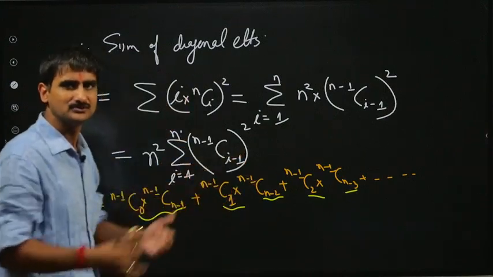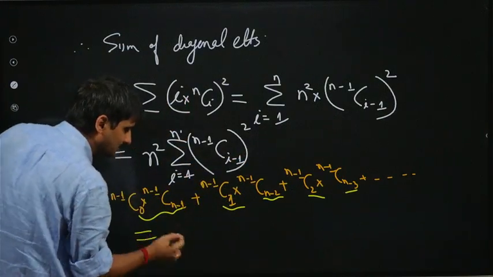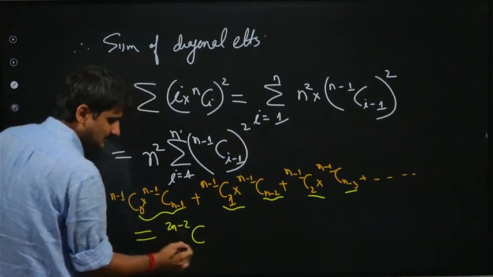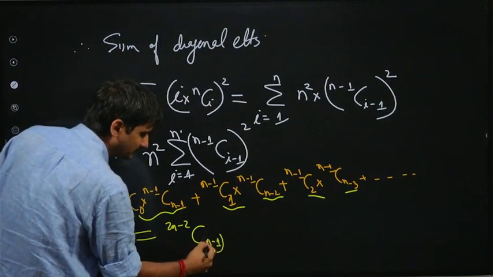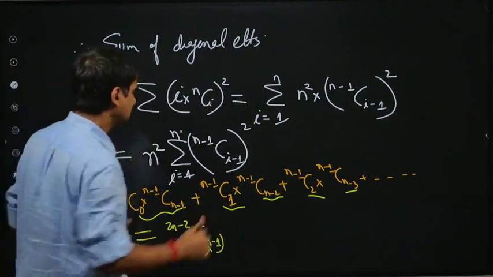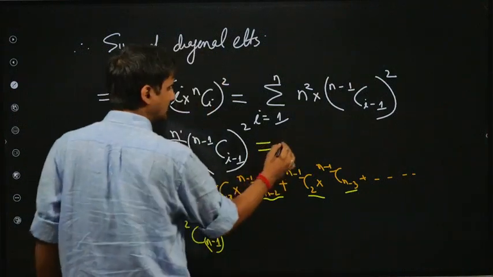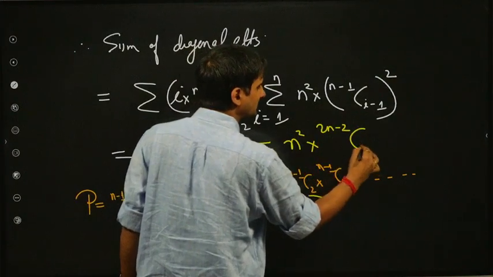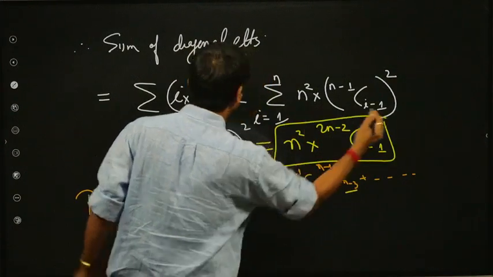Then the sum is given by superscript 2n minus 2 C, the sum of subscripts, which is n minus 1 for all the terms. So the sum here is n square into 2n minus 2 C n minus 1.